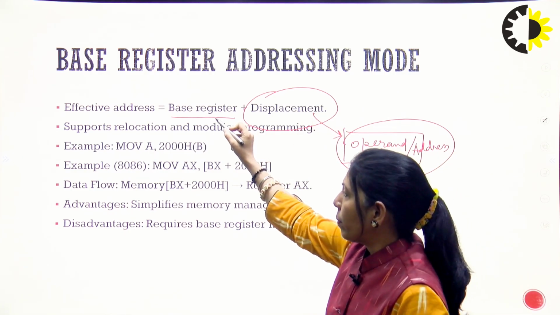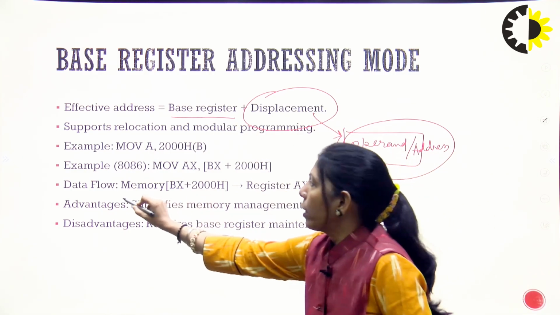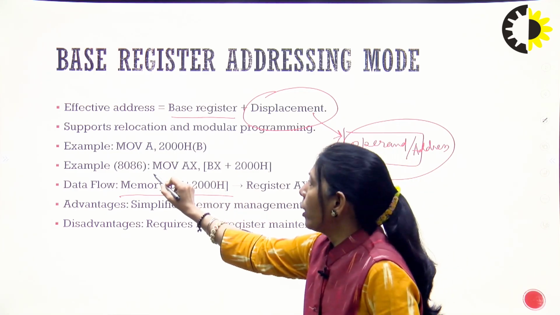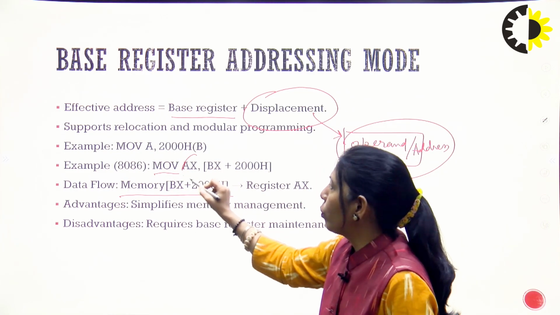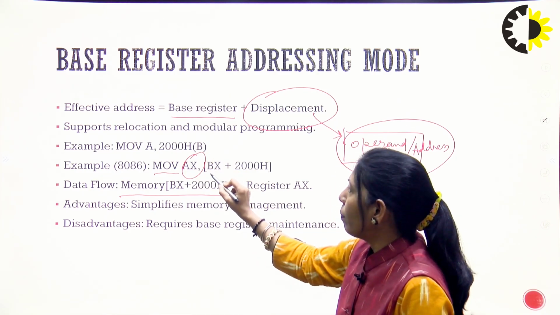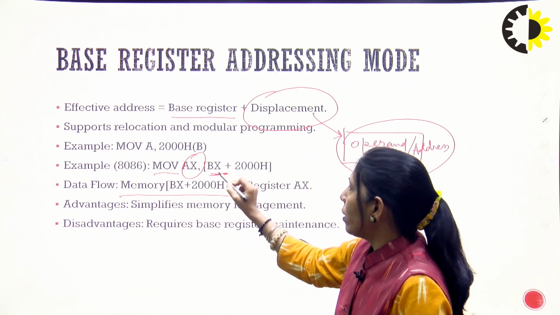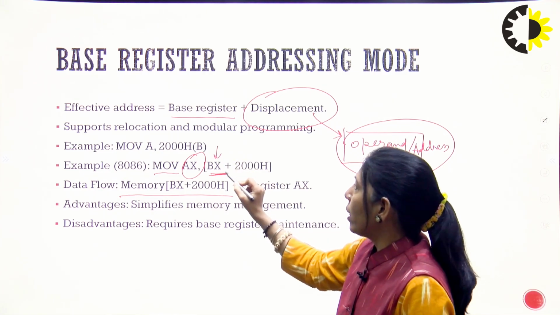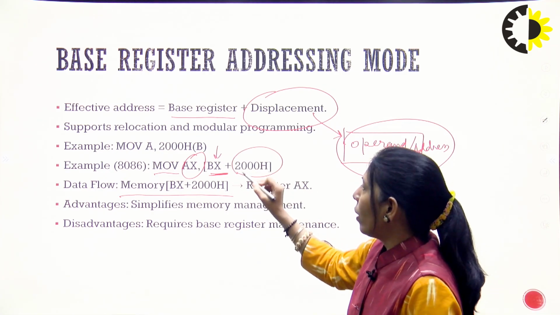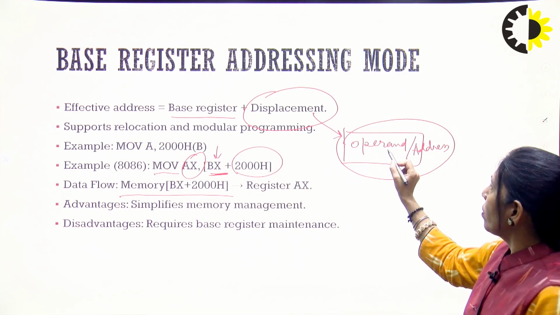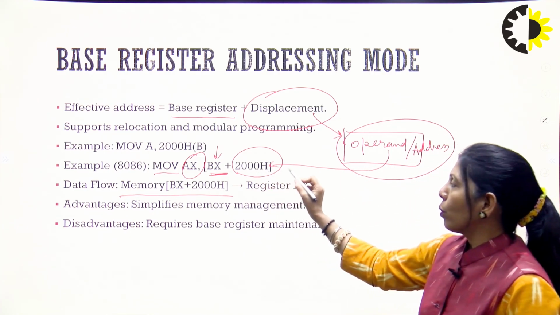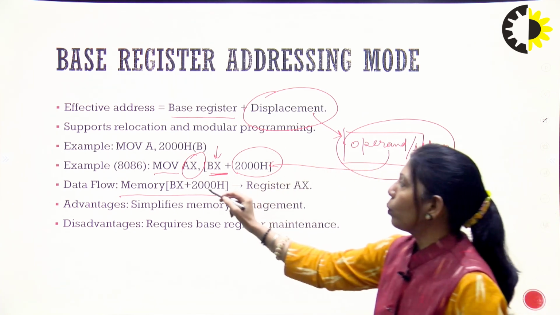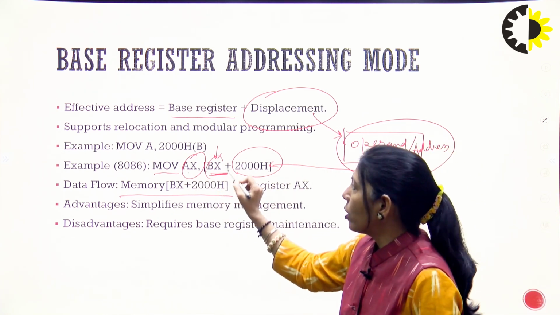From the operand or the address, this displacement value is considered, and it is added to the value of the base register. Like in our example, some value has to be moved to this register. Here the base register value is added to the current value. This current value, let's say, is 2000H. It is added to the base register value.